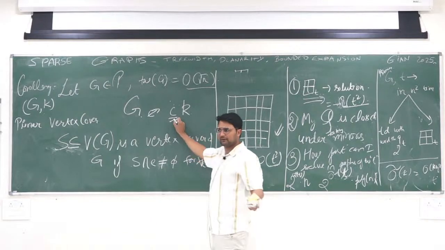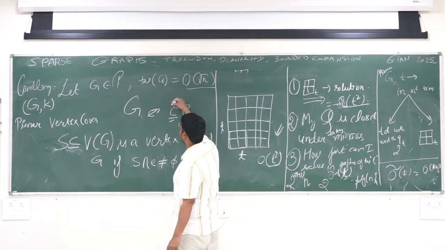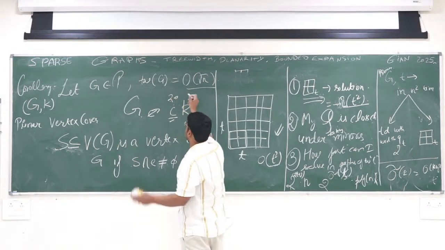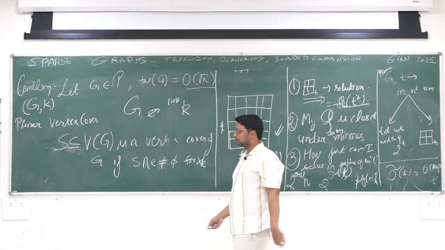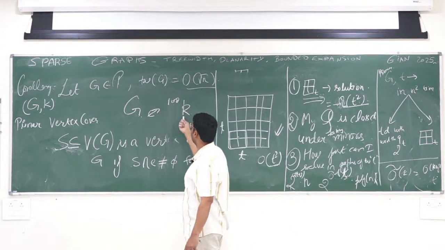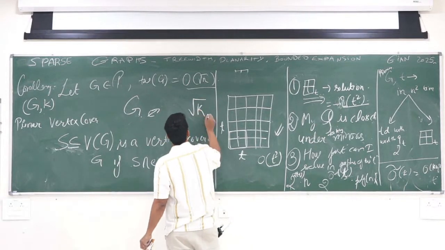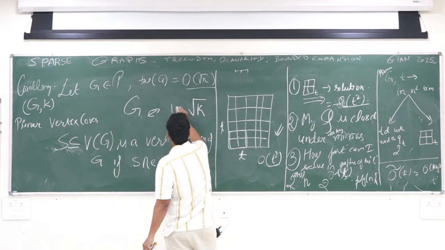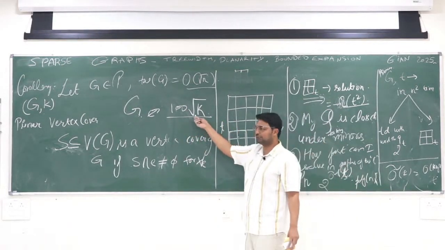This constant can be fixed, it's not very difficult. Even if this constant is like 20, or 100, it is sufficient for us. Let's say 100 square root of k. I ask whether my graph admits a tree decomposition of this size.